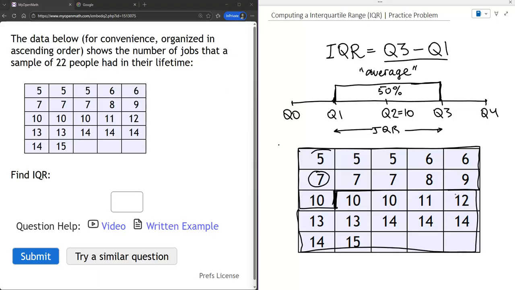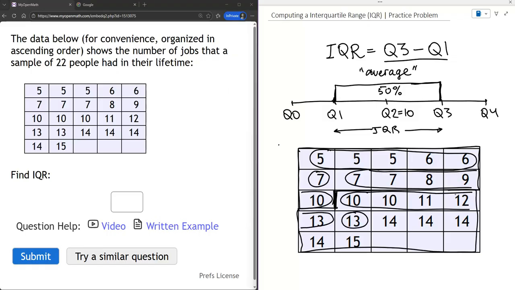So notice how we have the bottom half of the bottom half is 5 elements here. The upper half of the bottom half is this 4 together with this 1. So these 5 elements. And similarly, we find Q3 by finding the value that divides the upper half into 2 halves, each having 5 elements. So this will be the bottom half, the bottom 5 of the top half.